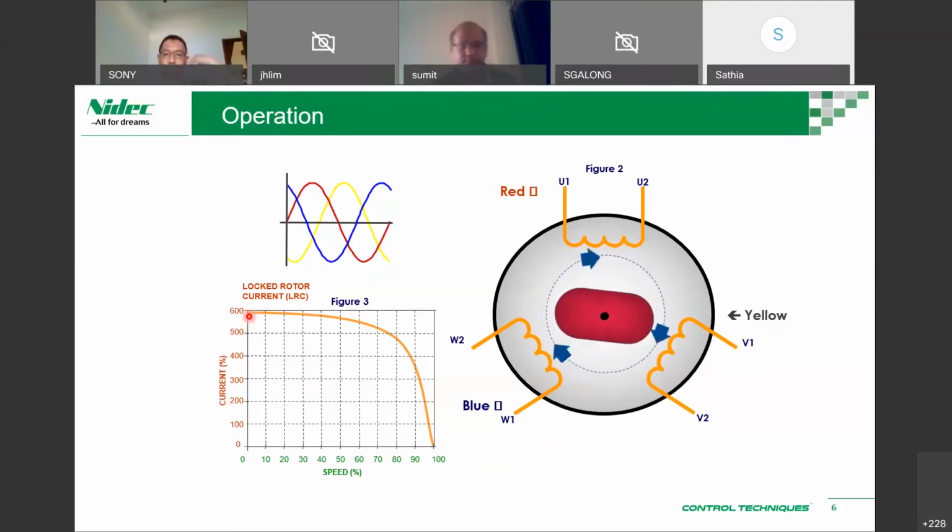As we move faster, the current needed is much less. This also applies to loads that we are using, whether it's free run or fully loaded. So this is roughly how the motor current works out.